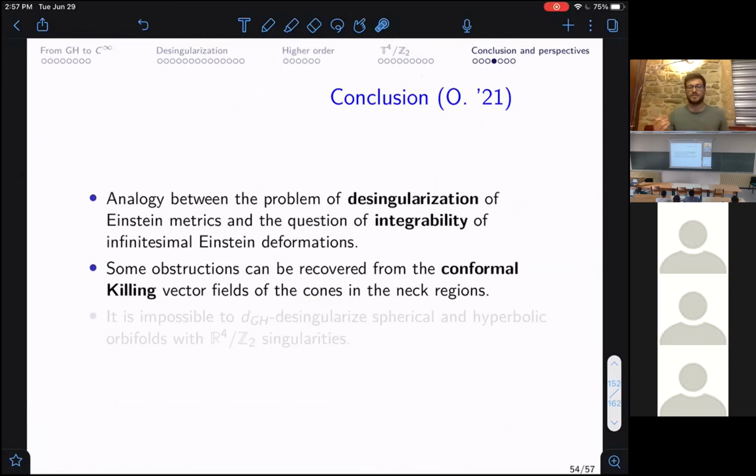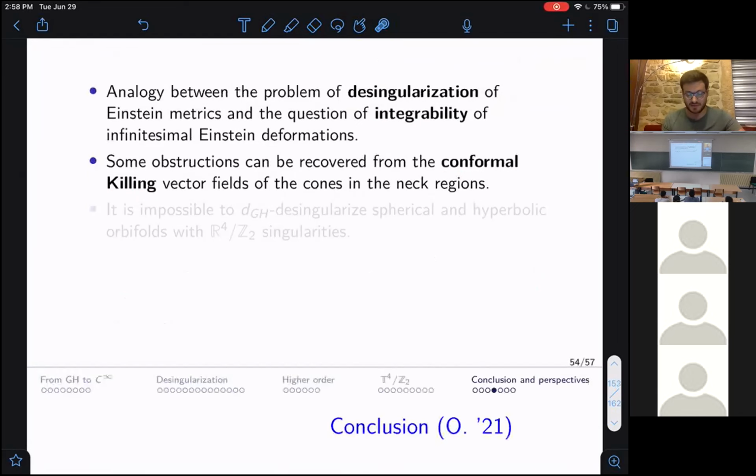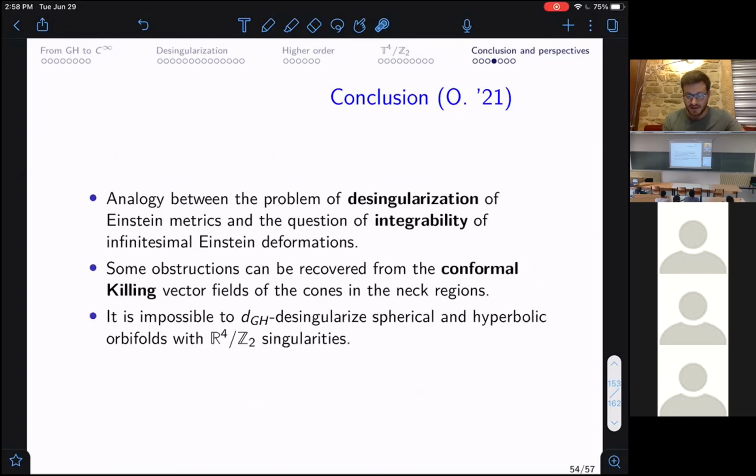The neck regions at very small scale really look like a flat cone. And so our Einstein metric is a perturbation of that, and there is a deformation of it. And the question is whether or not this is integrable. So there is a link between integrability of these deformations and obstructions to desingularization. And that's what we used here, looking at conformal Killing vector fields of the cone. And the main application was the fact that you cannot desingularize spherical and hyperbolic orbifolds with R^4 mod Z2 singularities.